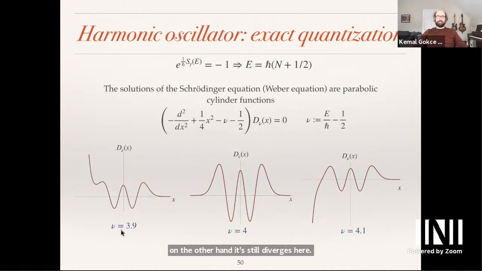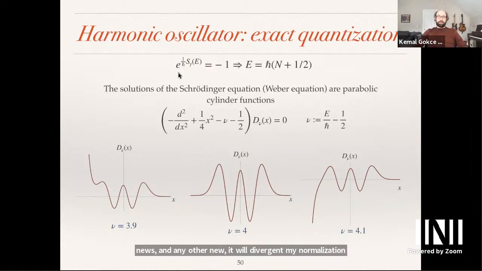And if I scan any non-integer nu, the behavior of these parabolic cylinder functions, I will see that it only has this nice civilized form for integer nu, and for any other nu it will diverge, and my normalization will not be satisfied.